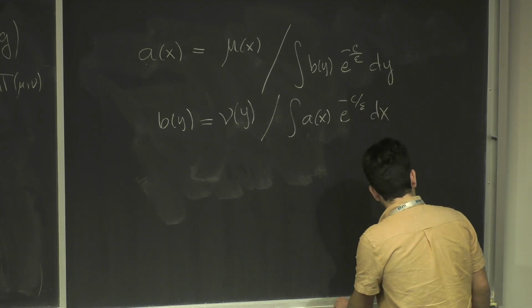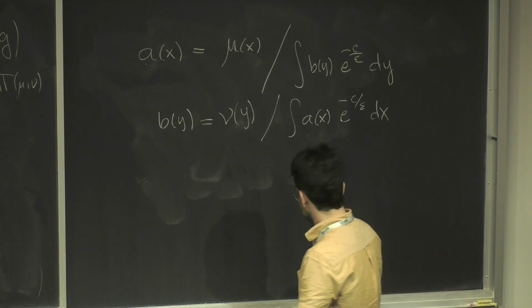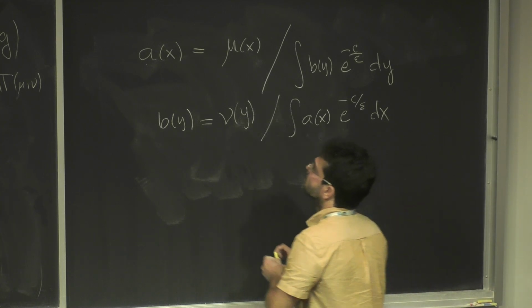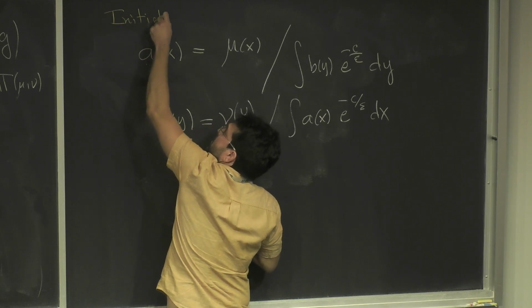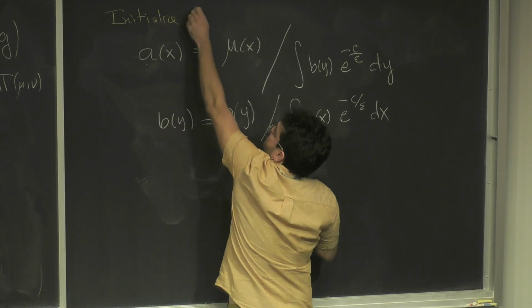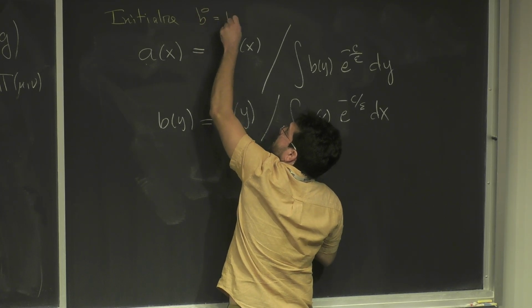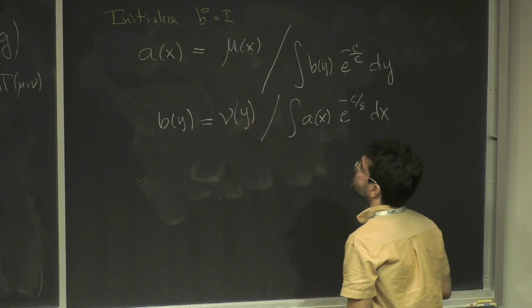Then what is the idea of the Sinkhorn algorithm? I initialize, let's say, with b0 equal to the identity.